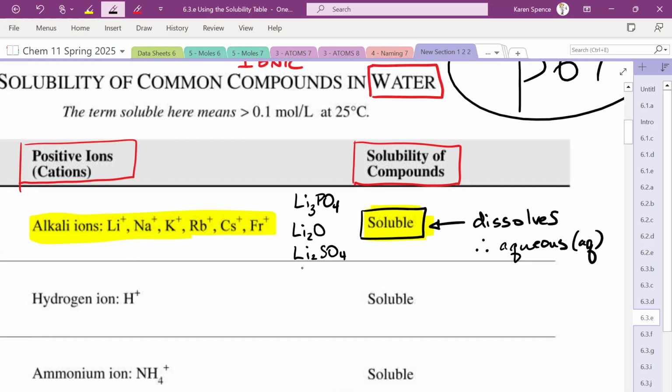So if you have lithium with anything, it's going to be aqueous. If you have sodium with any other ion, it's going to be aqueous. If you have potassium with any ion, it will be aqueous. So if you see any of the alkali metals, you know that compound will be aqueous.